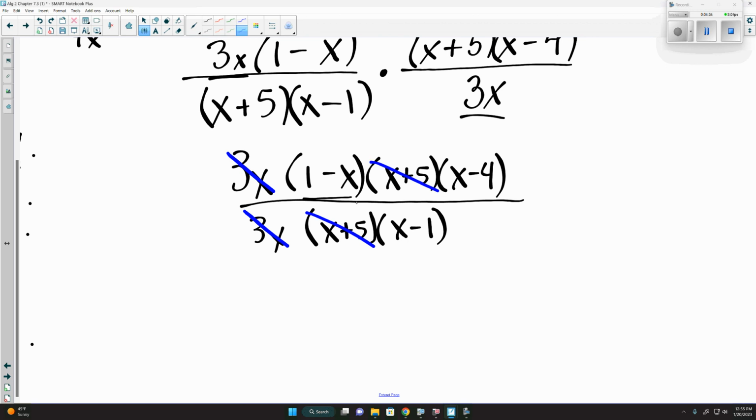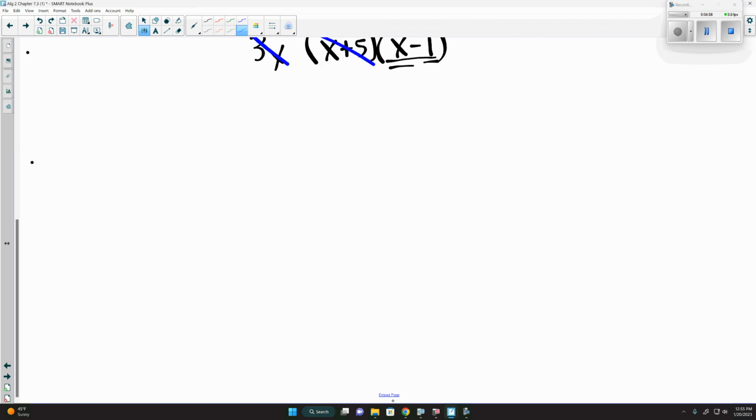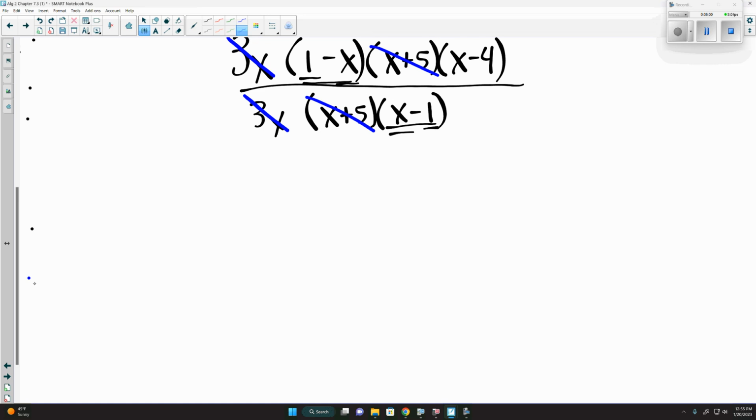Now 1 minus x and x minus 1 are very close to each other, yes? But there is something interesting with those. Because in the numerator, the 1 is positive, and in the denominator, the 1 is negative. In the numerator, the x is negative, but in the denominator, the x is positive. If the signs are completely flipped, what we can do is pick one.